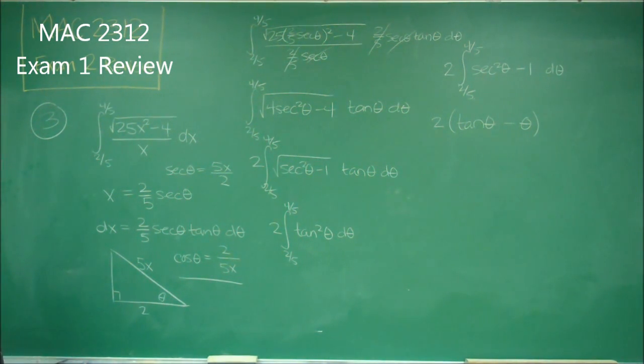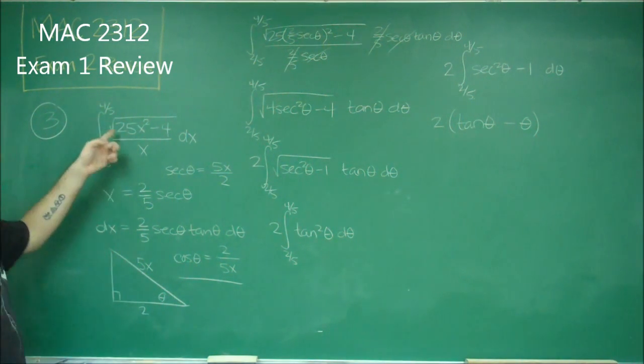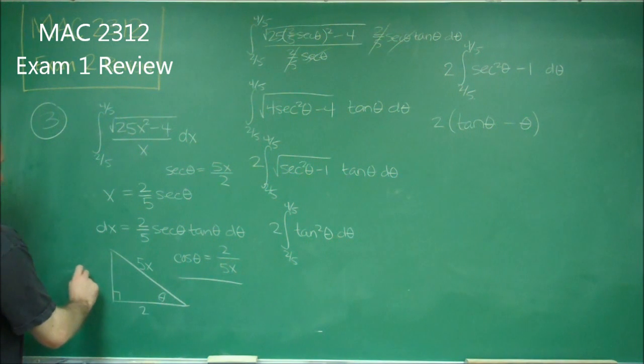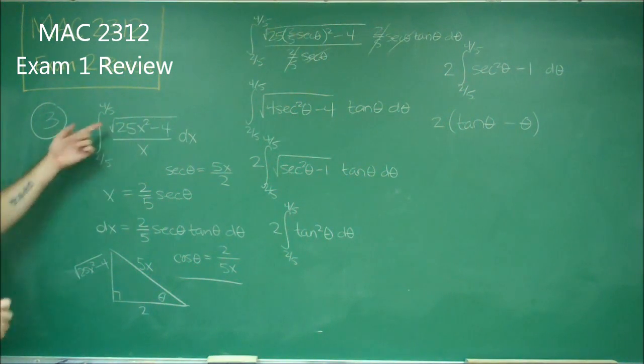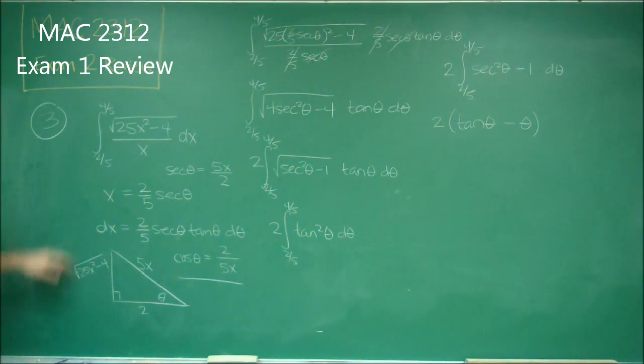However, remember, that last part is always going to be what you ended up having under the root in your original problem. It always works out like that. This is going to be square root of 25x squared minus 4, because that's what we have here. You can also just do that by Pythagorean theorem. You'll get that. But that's what that always ends up like.